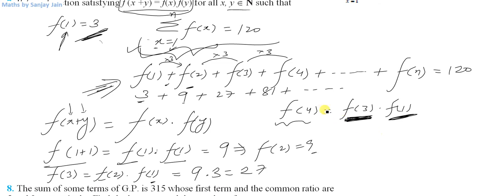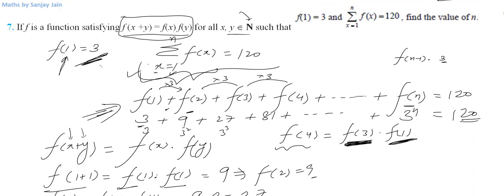So what can you say about f of n? It will be equal to the previous term, that is fn minus 1 into 3. So what is happening here is, if you see this term, this is 3, this is 3 squared, this is 3 cubed, right? So this will be 3 raised to power n, and this sum is equal to 120.